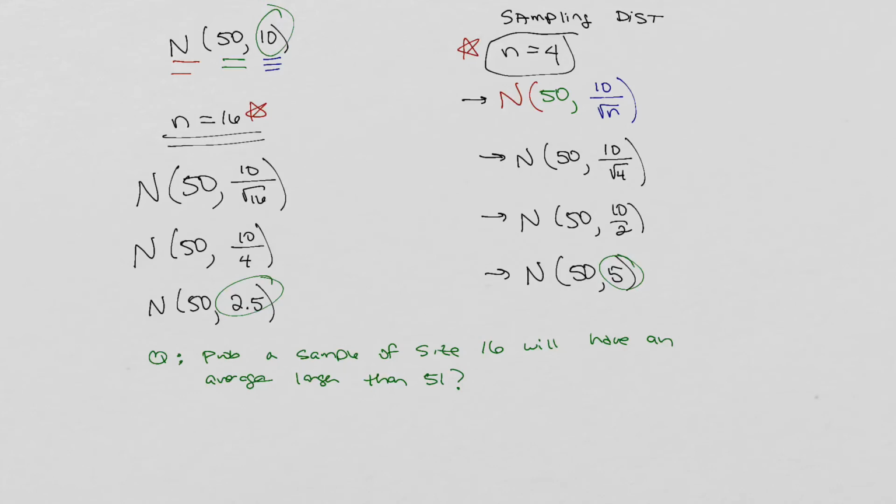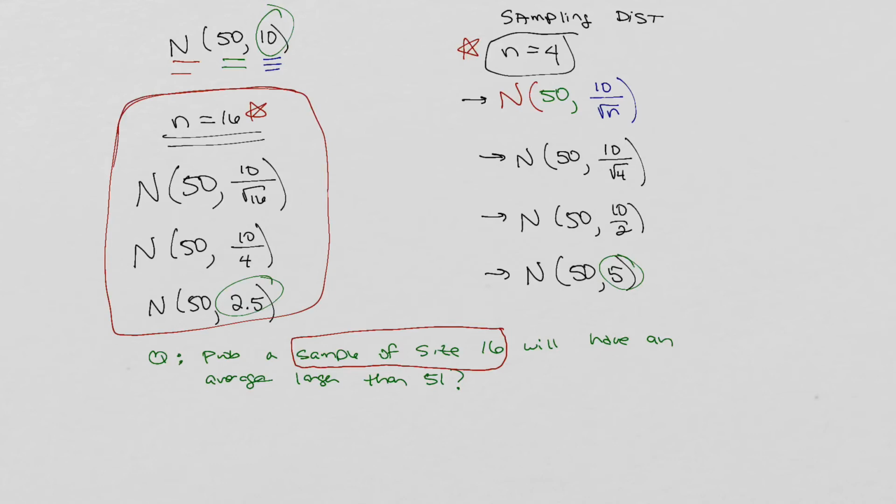In this case, I'm looking at samples of size 16, which means I want to work with this case right here because that's my sampling distribution for samples of size 16. So I will answer this question based on the normal distribution with an average of 50 and a standard deviation of 2.5. The picture would look like this, at least for the samples of size 16. The average is still at 50, and I want to find the probability of getting 51 or more.